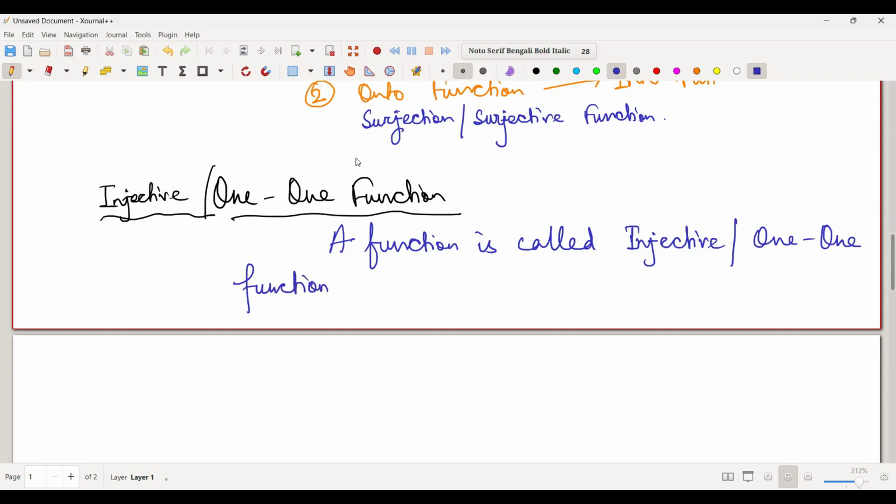From the name one-one, you have guessed how this function looks.